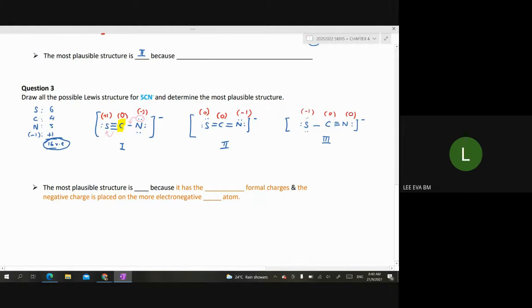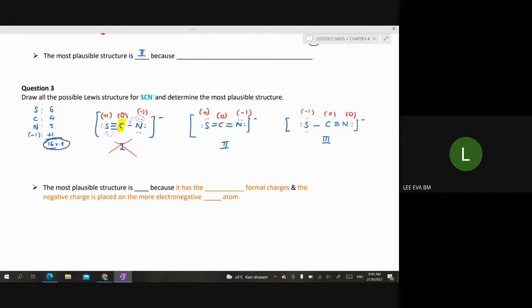Okay, for nitrogen? 0. Okay, so from these 3 structures, obviously you can see structure number 1 is out because you have a negative 2, which is not the lowest that we want. So you cancel out structure number 1. Now we want to determine which one is the most plausible, most preferred, most stable structure. Then it will be between structure 2 and 3 because they have a similar set.